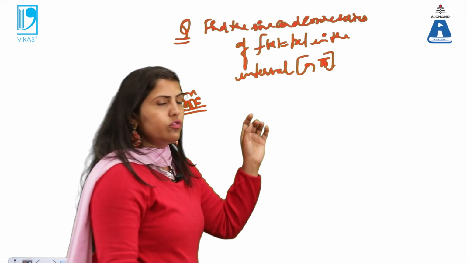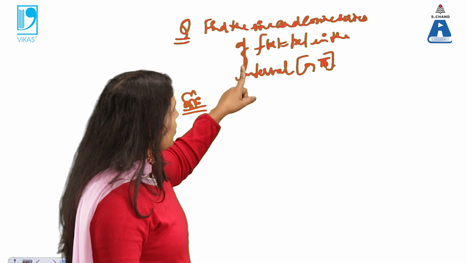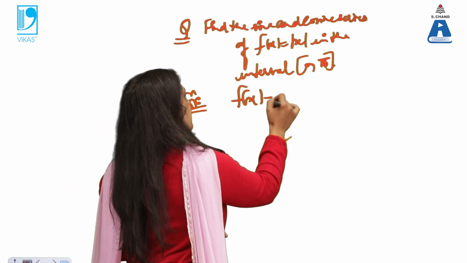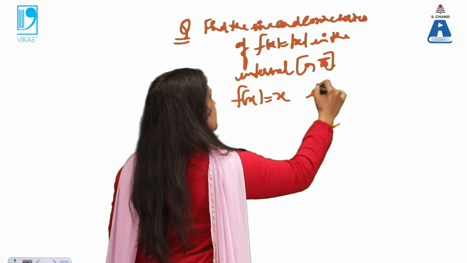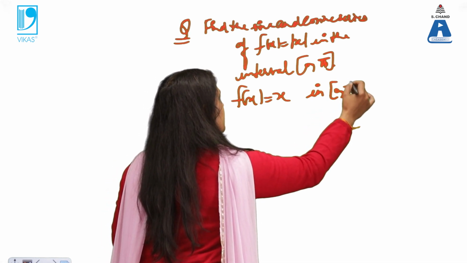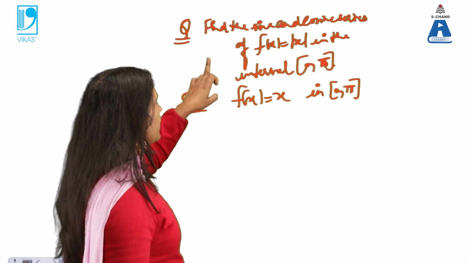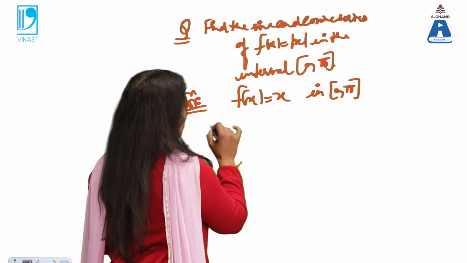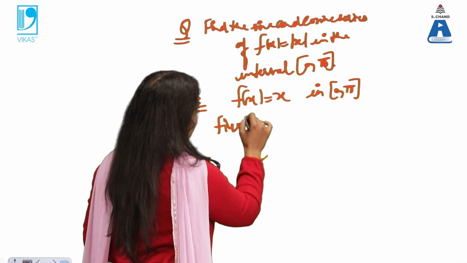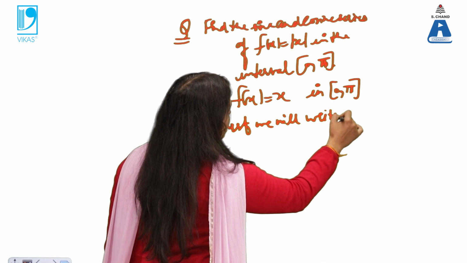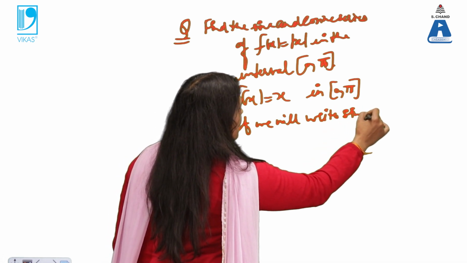everybody knows, or we have also done in our previous lecture, that |x| is an even function. So if I write it as x in the interval 0 to pi, it's just the same thing. So this is given to us, and first we will write the sine series.